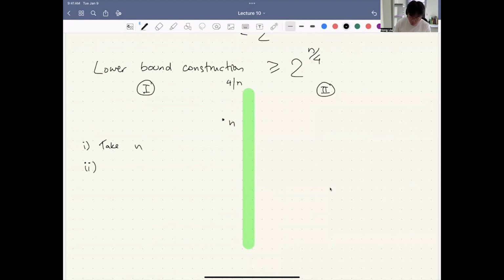Now, by doing so, n is even. If we pair up 1 and n minus 1, and then we look at the odds, 3 and n minus 3, 5 and n minus 5, so on and so forth, we pair up the odds.